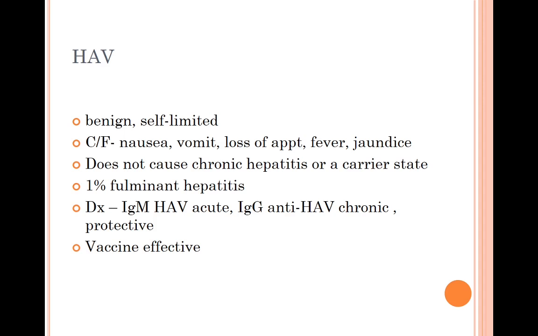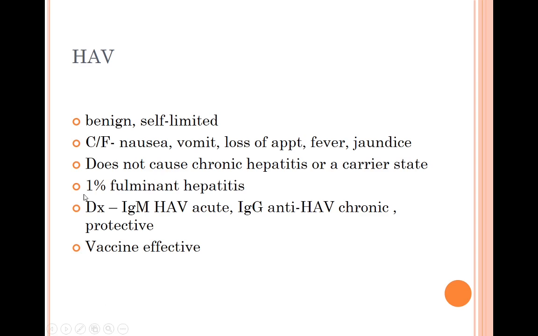Okay? Or they may ask you, what other things might be there, you have to say jaundice. Okay, so short history, and usually they may give a history that the patient was traveling, he was eating in new kind of places, because it's a fecal-oral route. Okay, so that's a clue that it's fecal-oral, and the acute presentation, and mainly the loss of appetite, nausea, and fever with jaundice. Okay, so these are the main things.